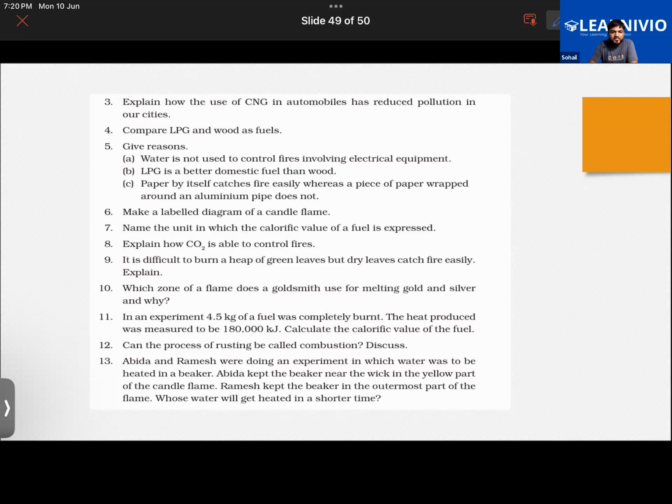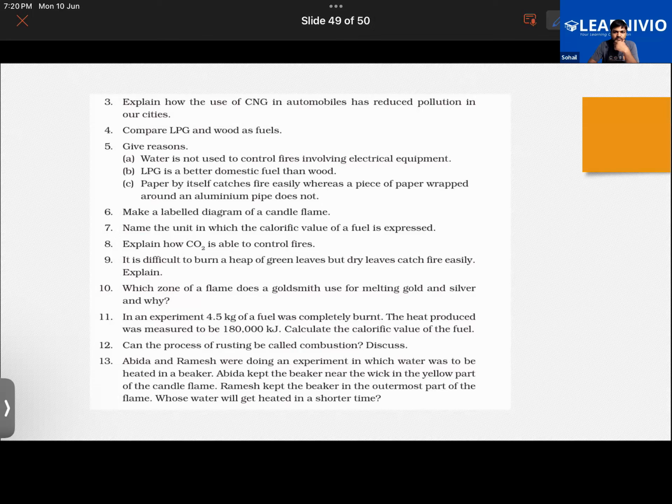In fire, there were a few things I wanted to discuss with you. Do tell me what are the ways to control fire. If you want to control fire, what do you need to do? Yes. There are three ways.